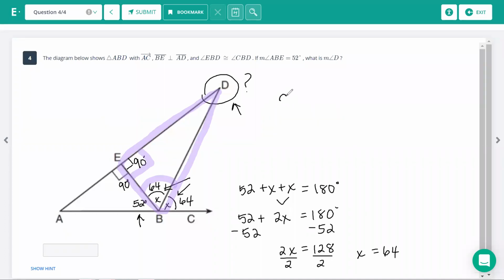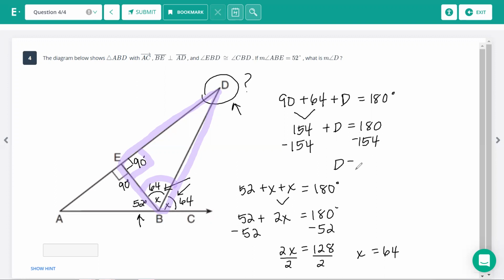So that means 90 plus 64 plus whatever the measure of angle D is equals 180 degrees. Okay, so I'm going to combine like terms here. 90 and 64 give me 154 plus D equals 180. I'm going to subtract away 154. And the measure for angle D is just 26 degrees.